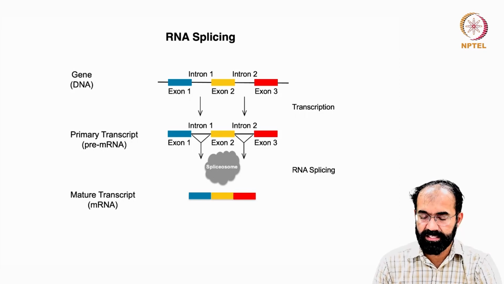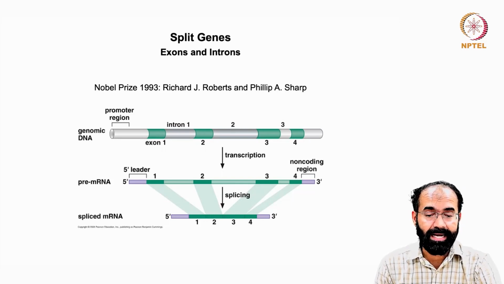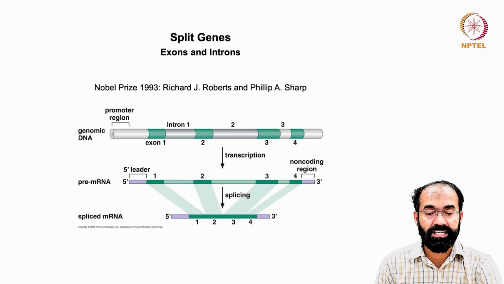This is the fundamental principle, and it fetched the Nobel Prize for the discovery of introns by Richard Roberts and Philip Sharp, and that's why we call them split genes.